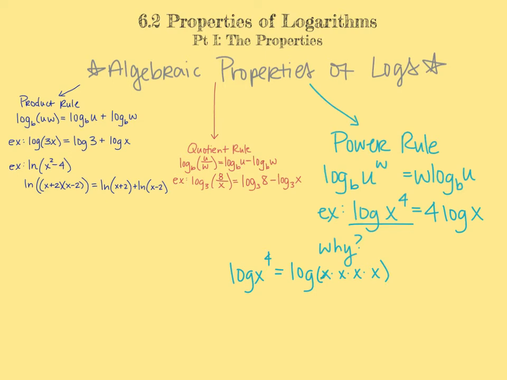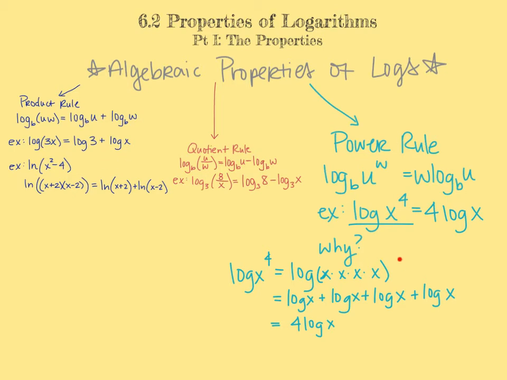Then using the product rule, we can really rewrite this as log of x plus log of x plus log of x plus log of x. Well, combining like terms, we have 4 log of x. So the power rule really relies on the product rule to work.